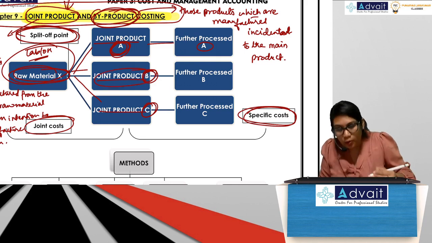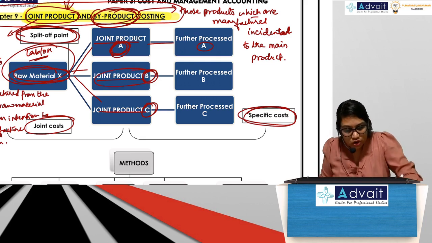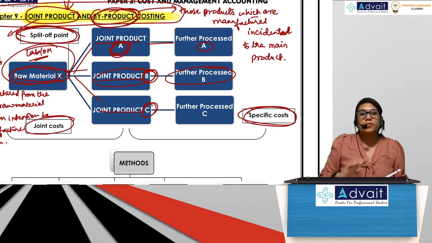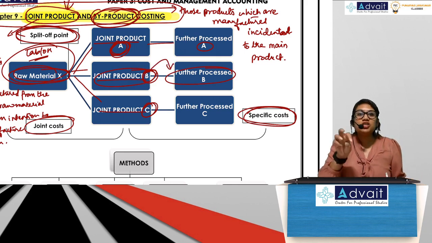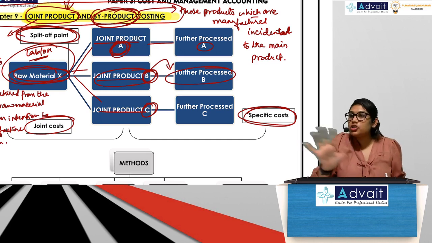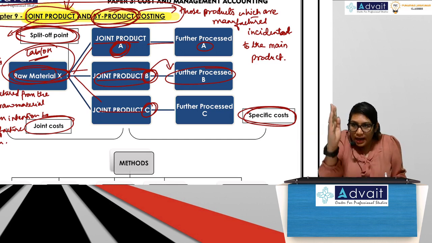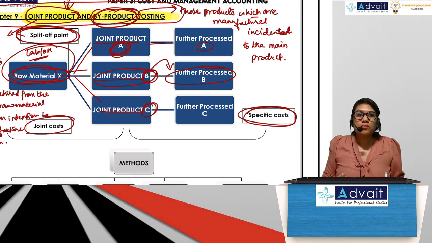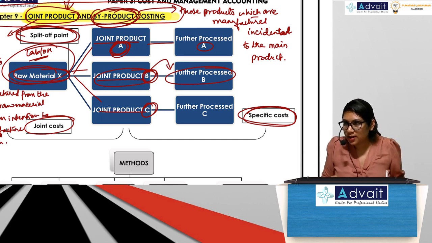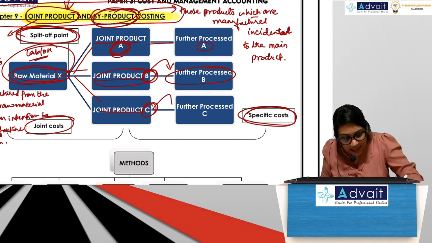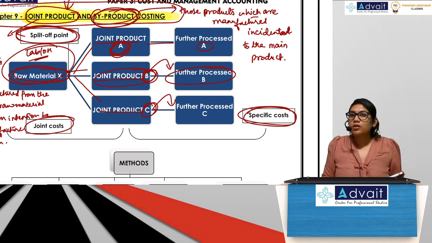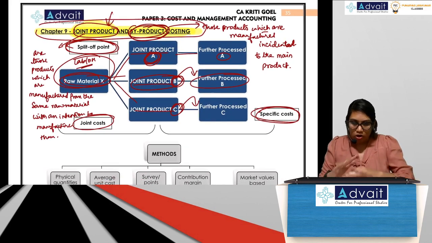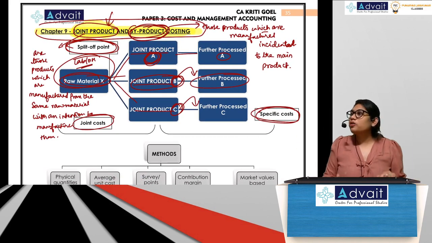Similarly, joint product B can be further processed to further processed B. Again, some cost is incurred. That cost is unique only to B. That is not a joint cost. Only up to split off point, I have joint cost. Similarly, C also may be further processed. Guys, is it okay? So this is your joint product costing.